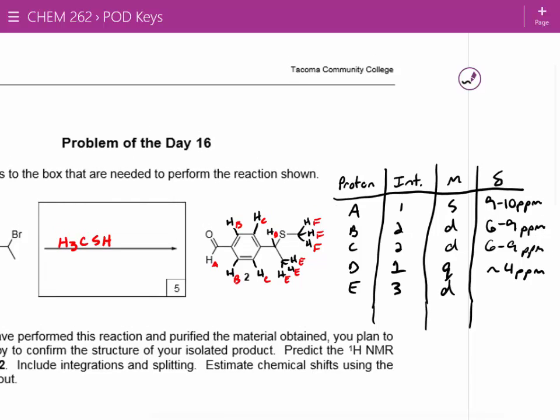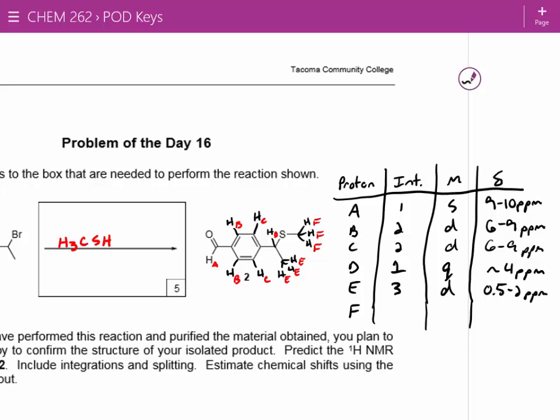So we'll label this as D. Where do you think this one will show up? Not everybody all at once. It'll show up in that CH region, which is where? 2 to like 1.5. Okay, so we'll say 0.5 to 2 ppm. Somewhere in that range.